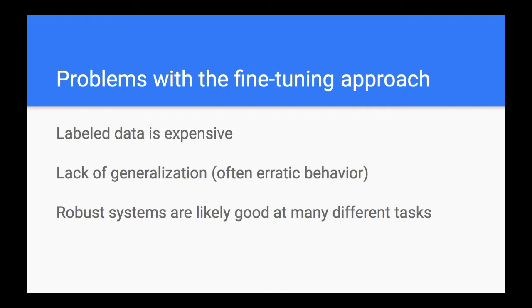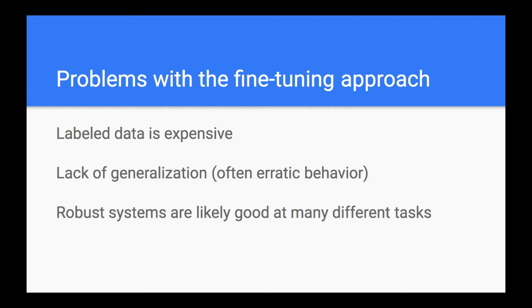So the problem with the fine-tuning approach, just like I said, is that we really need a lot of labeled data, and labeled data is extremely expensive. It's very different from just using a research benchmark data set. If you really need to solve a real world problem, usually there is no labeled data, then you need to spend a huge amount of resources, or a huge amount of money to ask other people to annotate for you.